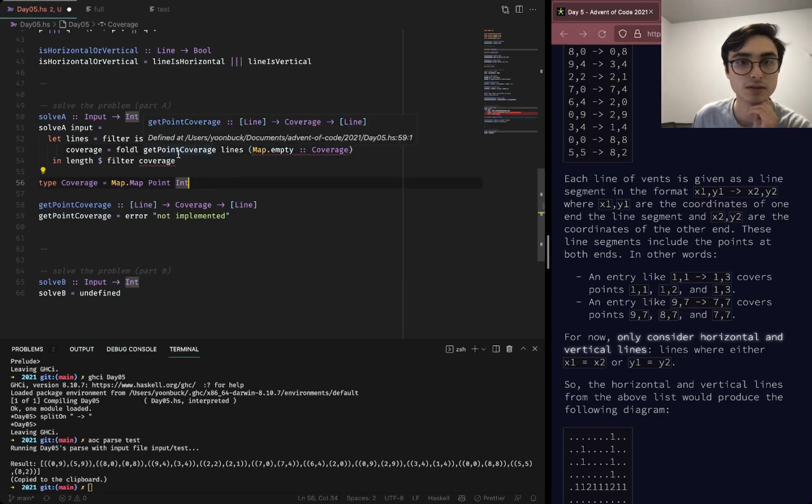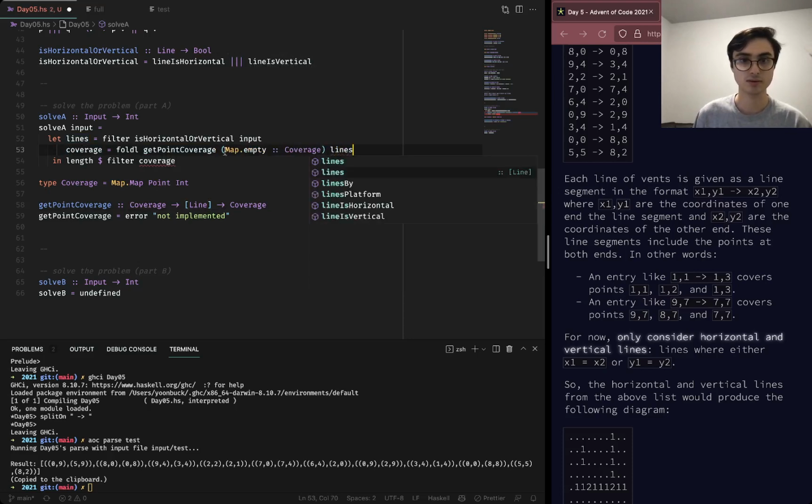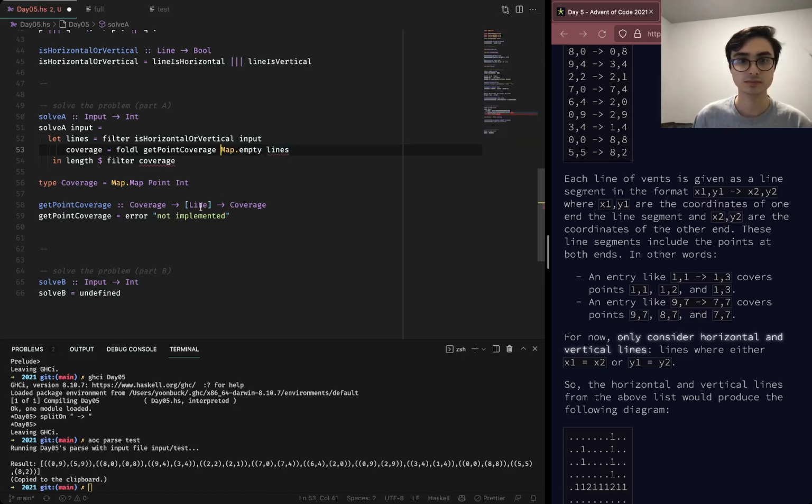Doesn't seem right. It takes a line and a coverage. It should give us a coverage. It should take a coverage and a line. Oops, not that. Okay.